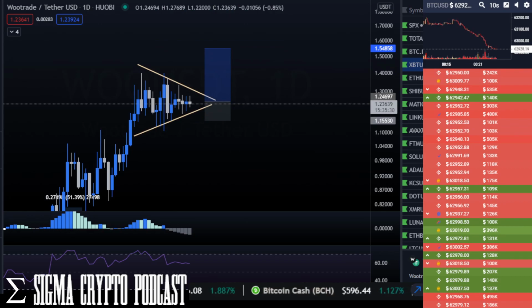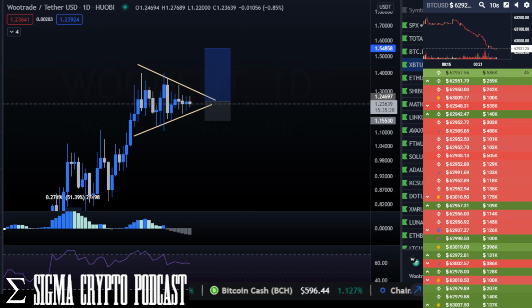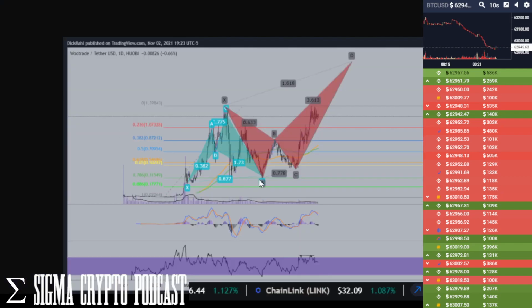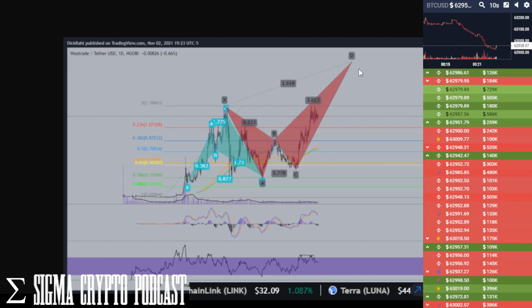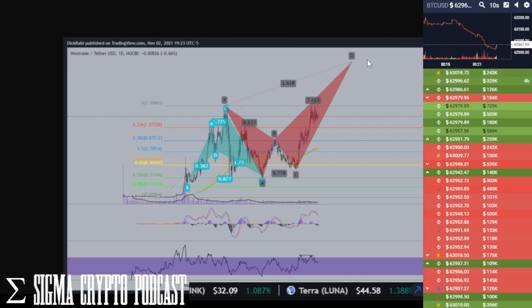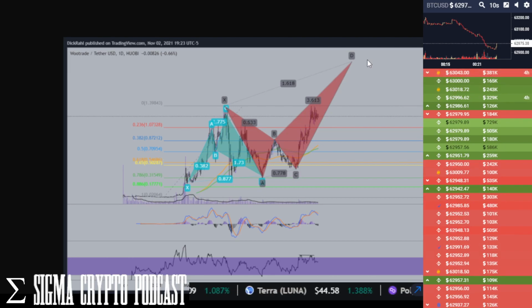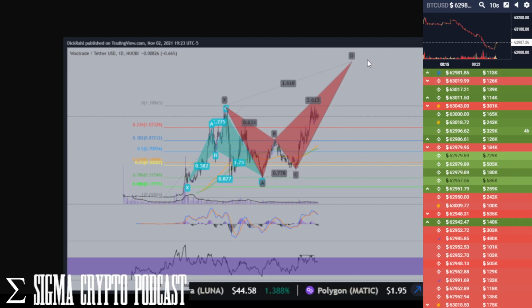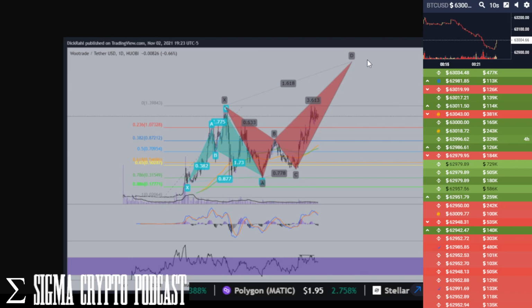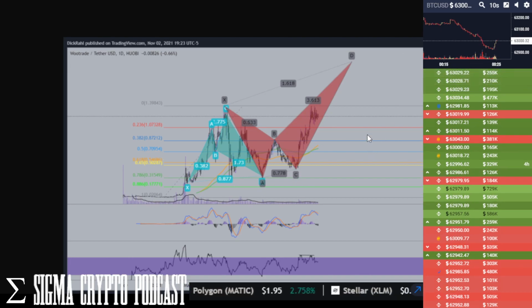I had a much more detailed one. Here's Dix. He's got a possible bearish crab. So you're still looking at appreciation up to $2 before that would even potentially complete that pattern. That's the good part, still more upside to come. But if that is going to play out, you have a lot of ways to go down as well.